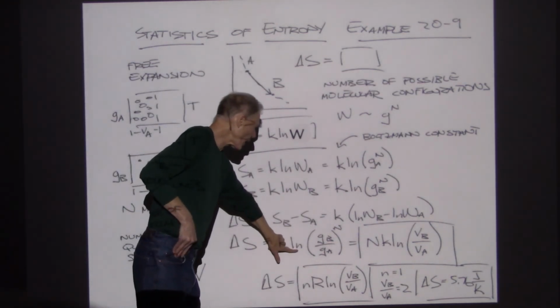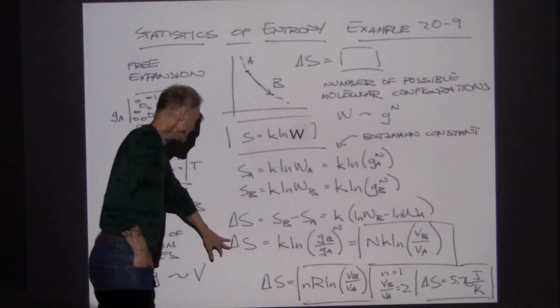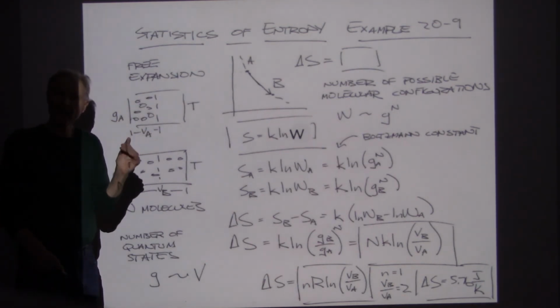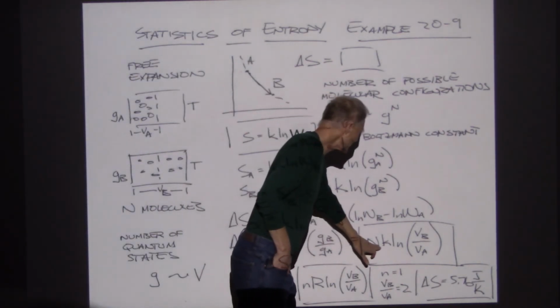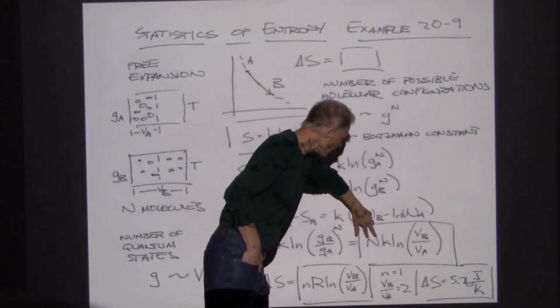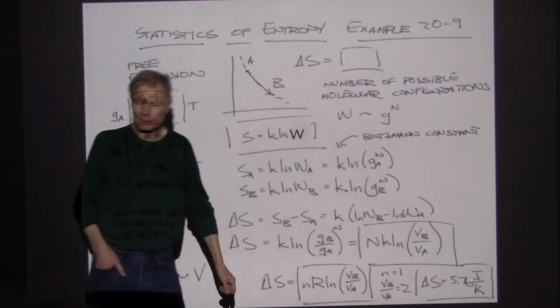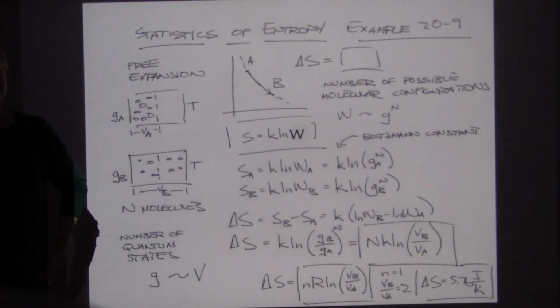Since this is a logarithm, I can bring the n out front, and it says that the increase in entropy for this free expansion process, by counting the molecules and their quantum states, is given by N k ln of V_B over V_A, where the number of molecules and Boltzmann's constant can be replaced by n times R. And look, using purely just statistics, we get the same formula for the increasing entropy for a free expansion.